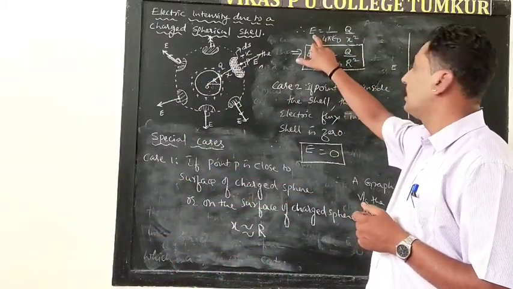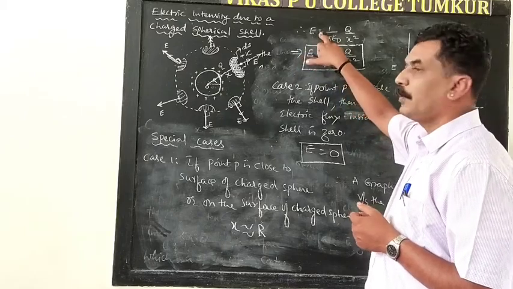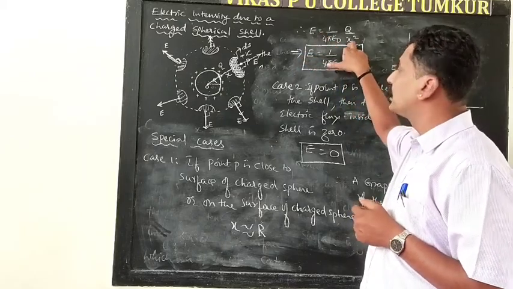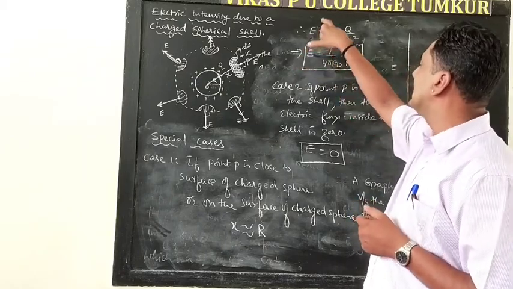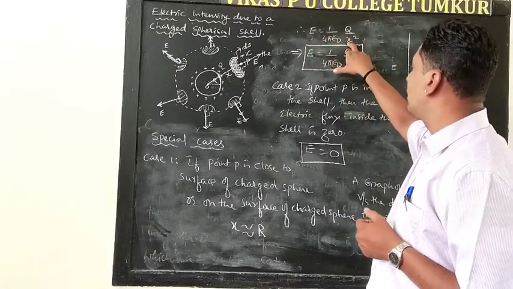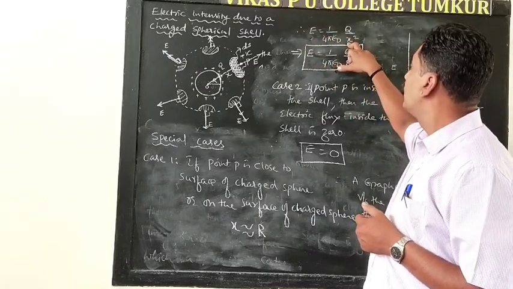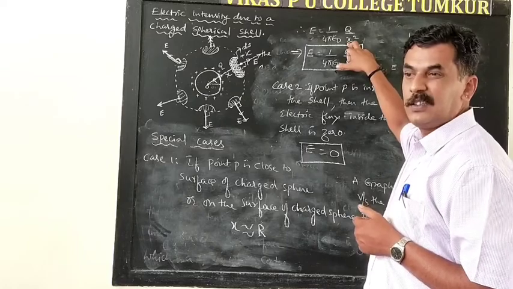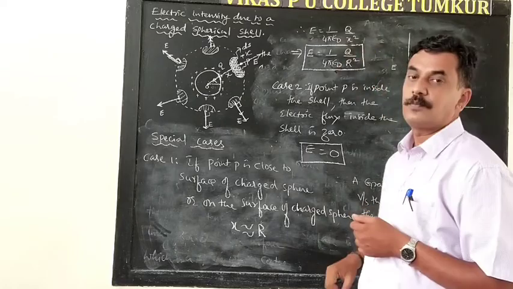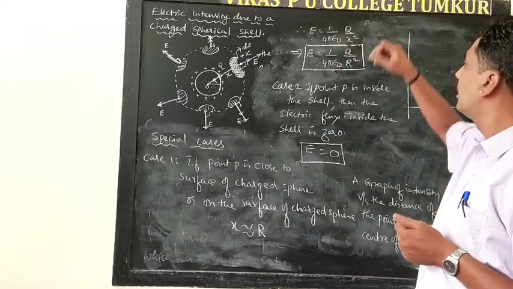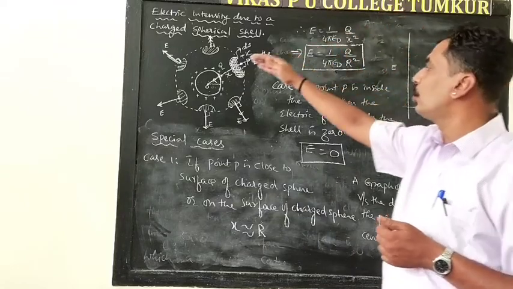Now you look here. Intensity is inversely proportional to the square of the distance of the point from the center. What does that mean?